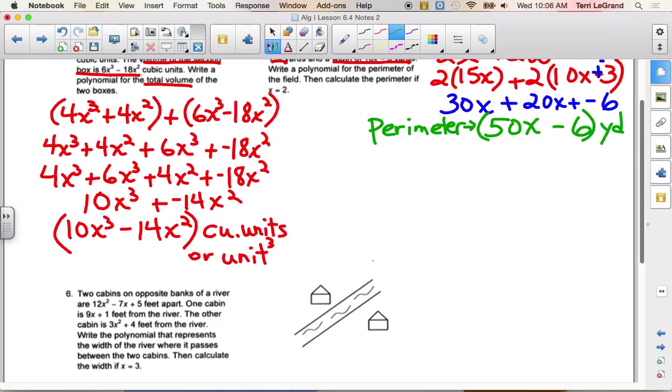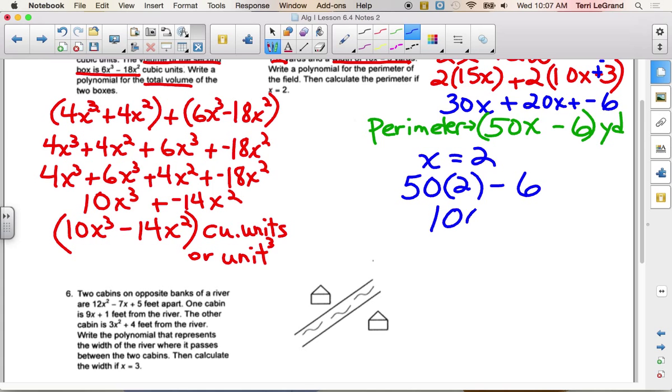And then it says, calculate the perimeter if x equals 2. Well, that should be easy enough, right? So we put 2 in for x. So we put 50 times 2 minus 6. Come on, people, haven't you been using your calculator? 100, take away 6, so it's 94 yards.